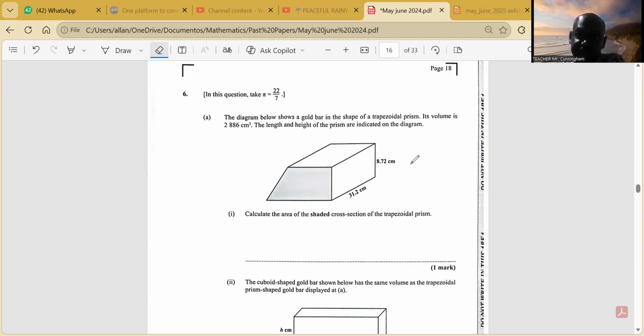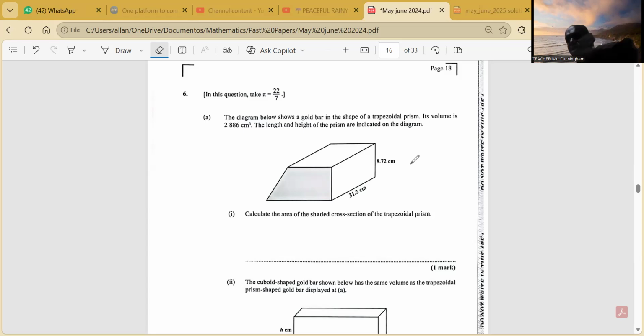The volume is 2,886 centimeters cubed. The length and the height of the prism are indicated in the diagram. So they are asking, calculate the area of the cross section.